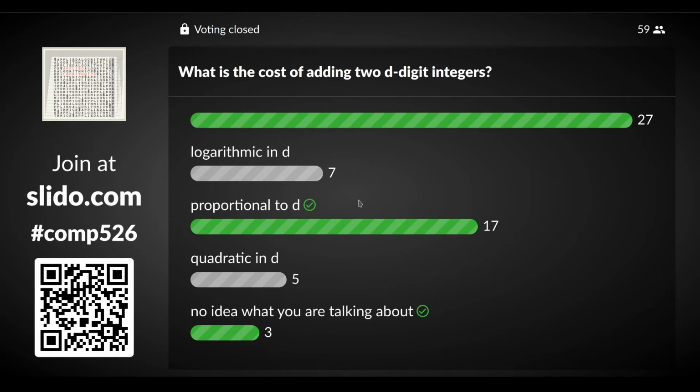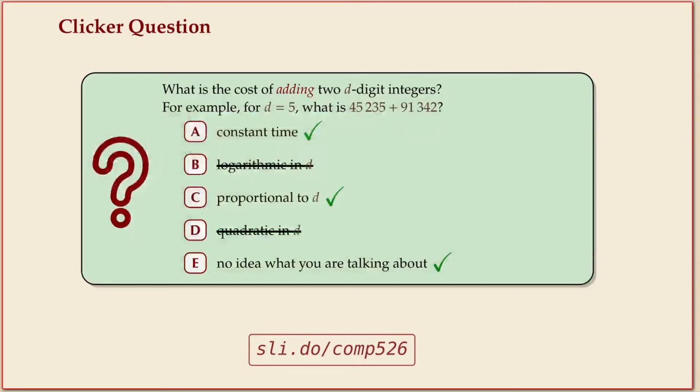If you, for some stupid reason, decided you want to represent your numbers in unary, so you represent them just with a sequence of ones, and the number of ones is as long as the number you want to represent, then the answer would be exponential in d. No one does that, so it doesn't really make sense to put it up. But yeah, there's different answers to this. And they all kind of make sense.